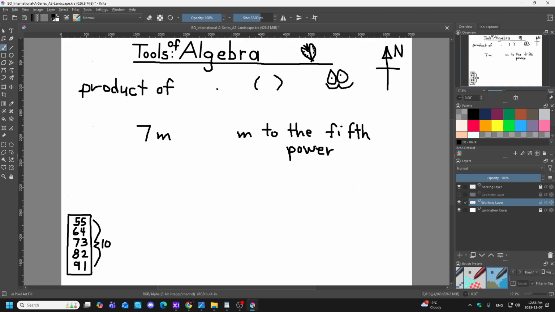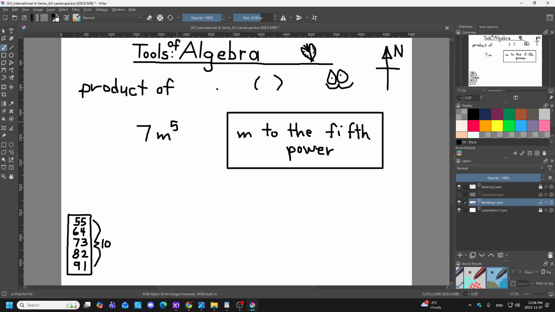Okay, what that means is m is to the 5th power. Not 7, but m is. Okay? Please take note. So all we're doing is multiplying.